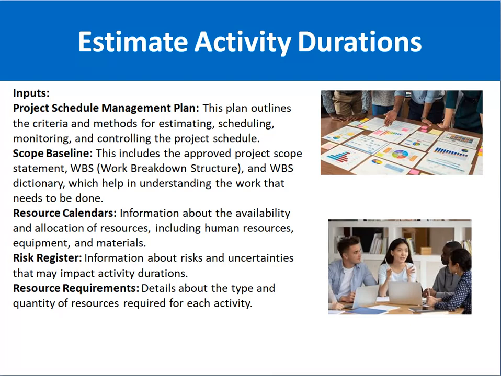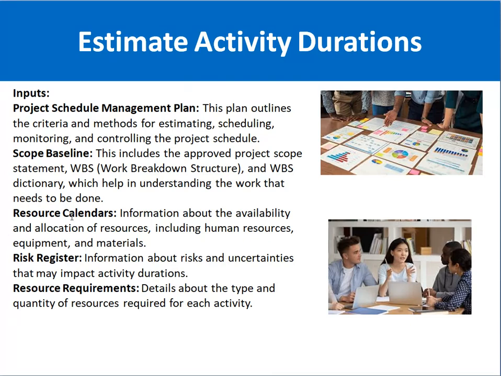Then the work breakdown structure. Work breakdown structure simply tells you how to divide a project scope of work into smaller pieces so that you can estimate it. Then the WBS dictionary, which helps in understanding the work that needs to be done. Then resource calendar is another input.